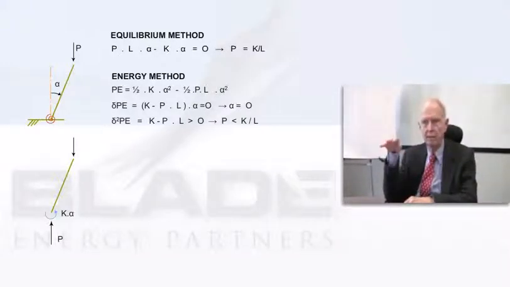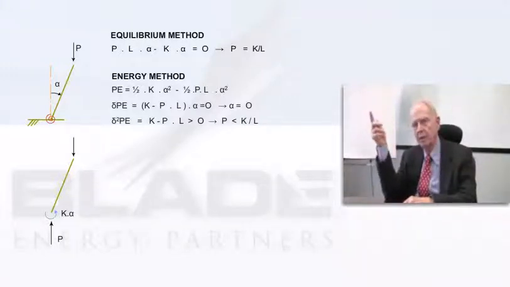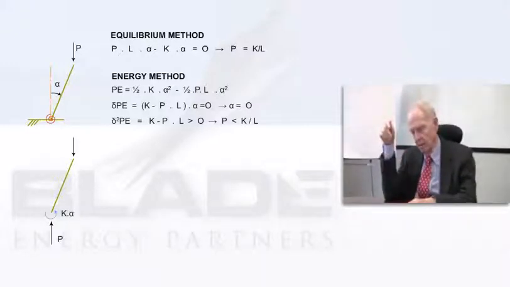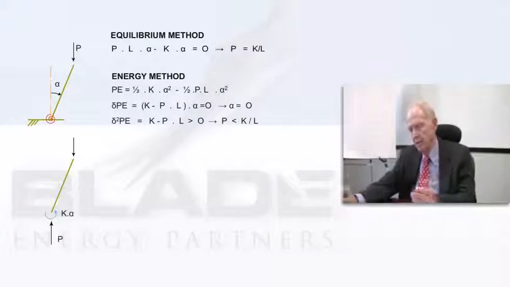Then in that case, the second variation of the potential energy is greater than 0. If I take the ball and put it on top of a hill and move it over, it rolls down the hill. And in that case, the potential energy is decreasing, and it's unstable. So stability is dependent on having the second variation of the potential energy be greater than 0.